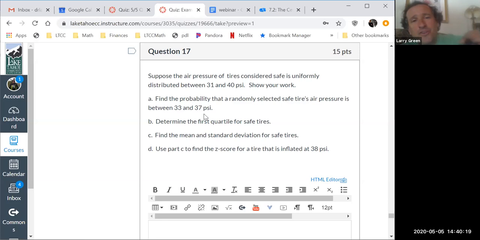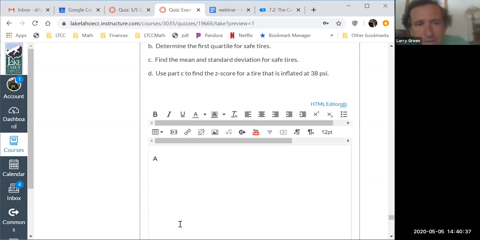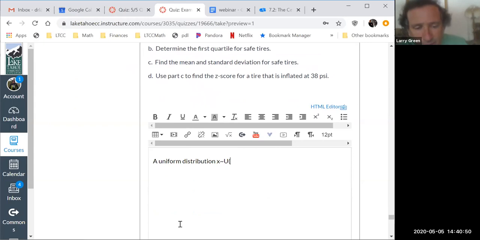Okay, so before I even do part A, what I want to do is use the 31 to 40 to think of a rectangle. So a uniform distribution, and let me just write X tilde U from 31 to 40. So that's our distribution, a rectangle with base.